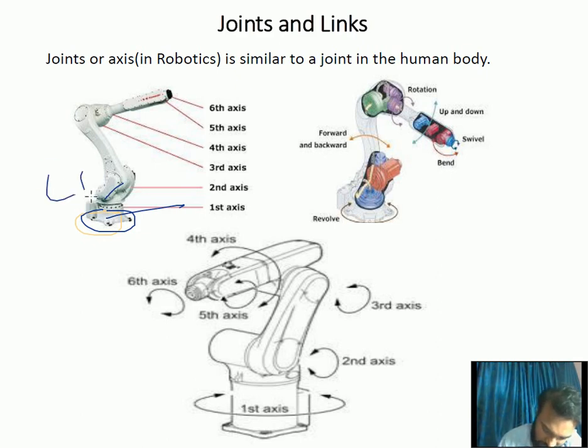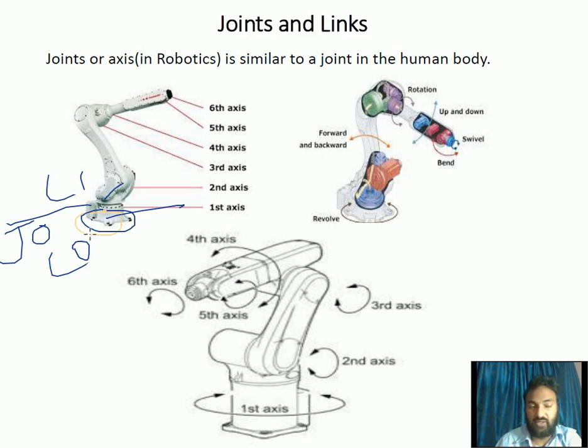Link 1 and link 0 are joined here, at joint 0. So joint 0 is where link 1 and link 0 are joined.